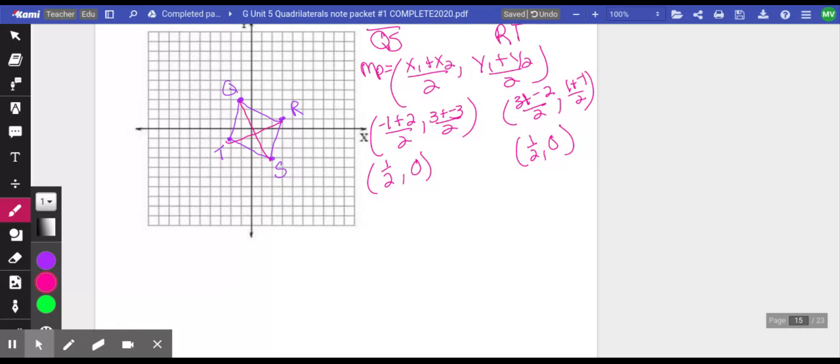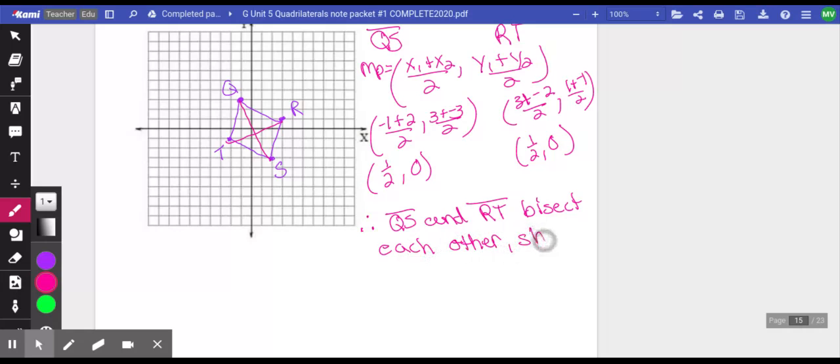So I'm going to say, therefore, QS and RT bisect each other because they share the same midpoint. And since they bisect each other, that means that QRST is a parallelogram. Diagonals bisect.